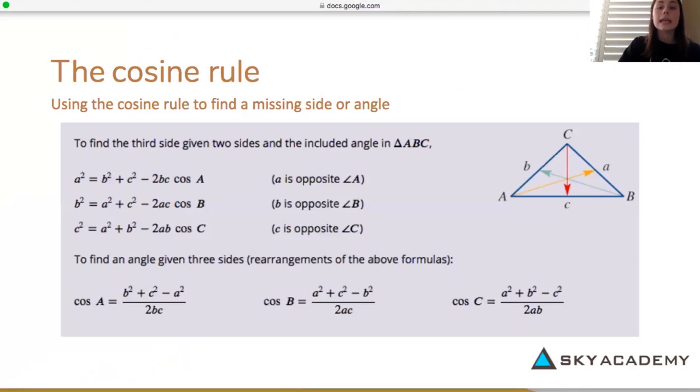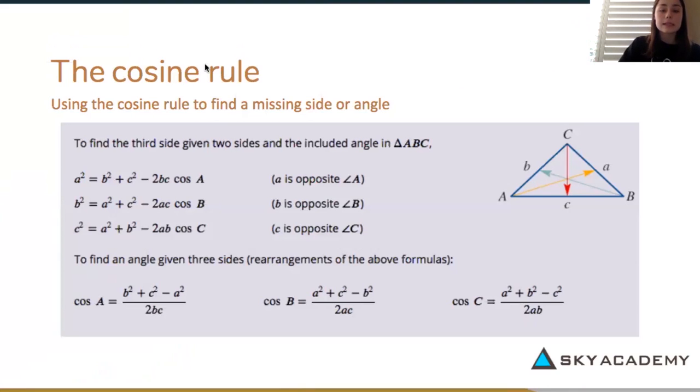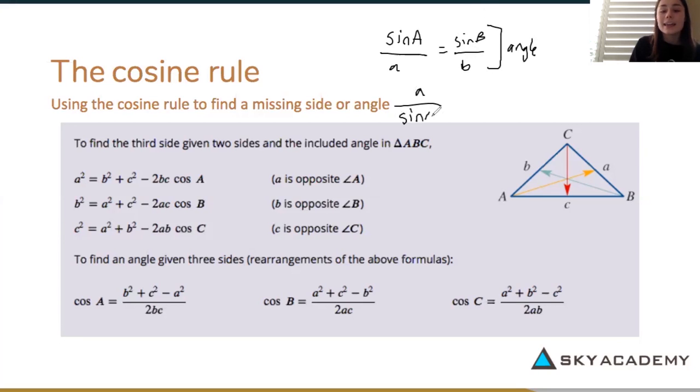So in our previous video, number 6, we talked about the sine rule, where it's sine A over A equals sine B over B for an angle, and then A over sine A equals B over sine B for a side.